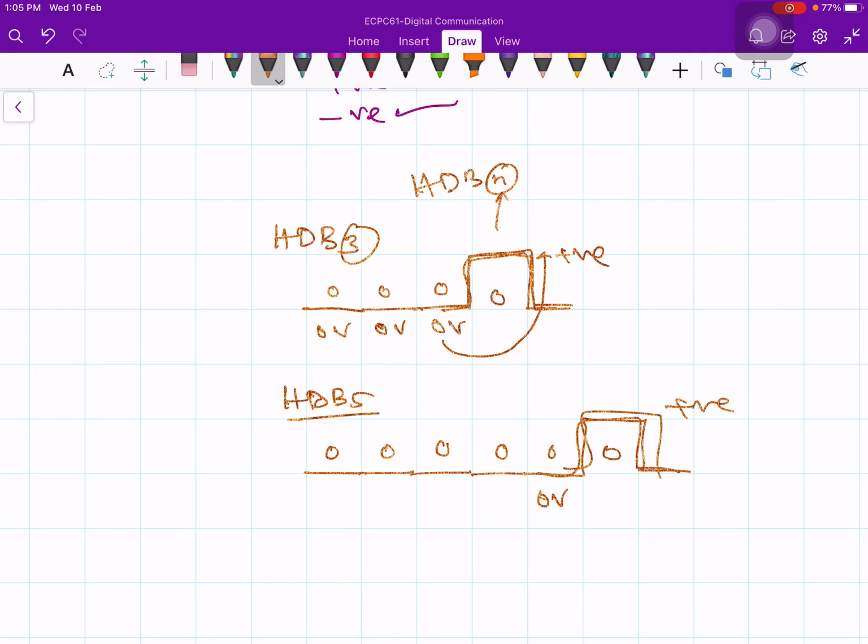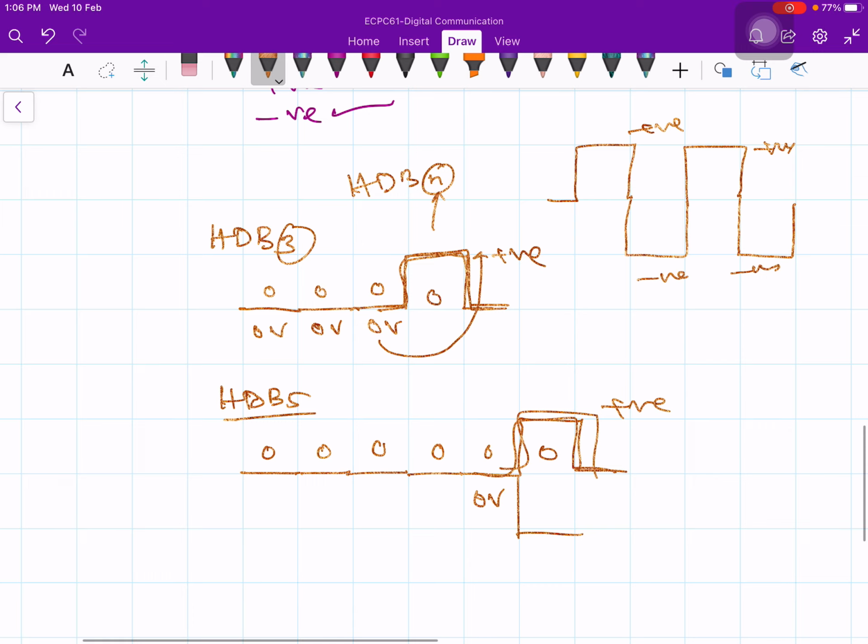In the AMI, for the first one you put a positive pulse, next one you put a negative pulse, then positive pulse, negative pulse, positive pulse, negative pulse. But here instead of going down, you go up.